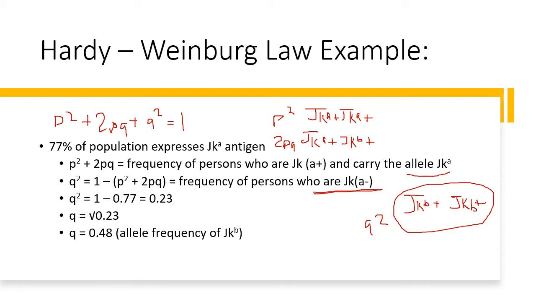In order to do that, you subtract, and you get Q squared equals 1 minus P squared plus 2PQ. In this case, 77% of the population is 0.77. Q squared is 1 minus 0.77, meaning 0.23. And then Q is equal to the square root of 0.23. Q is now equal to 0.48. That's the frequency of JKB.